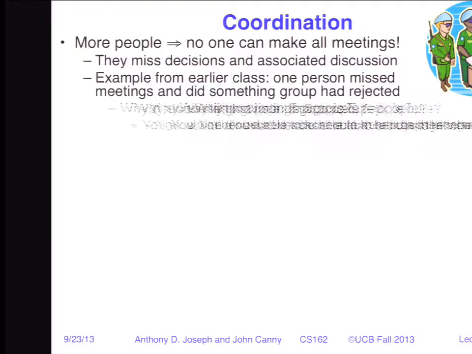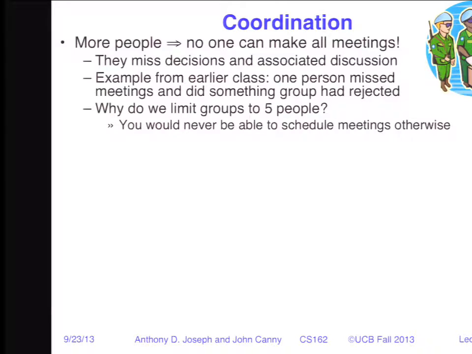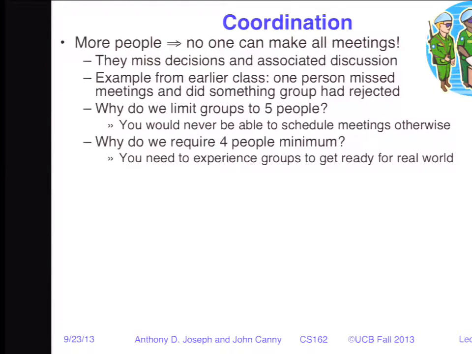So this is the reason why we limit groups to 5 people. It's hard enough getting a 5-person group in the same section for a 1-hour meeting once a week. You guys are working on a project. You have to be meeting on a regular basis multiple times during the week and the weekend. Why do we limit it to 4 as a floor? Because we want you to actually have the experience of having to work in a situation where communication is going to be a challenge and coordination is going to be a challenge.